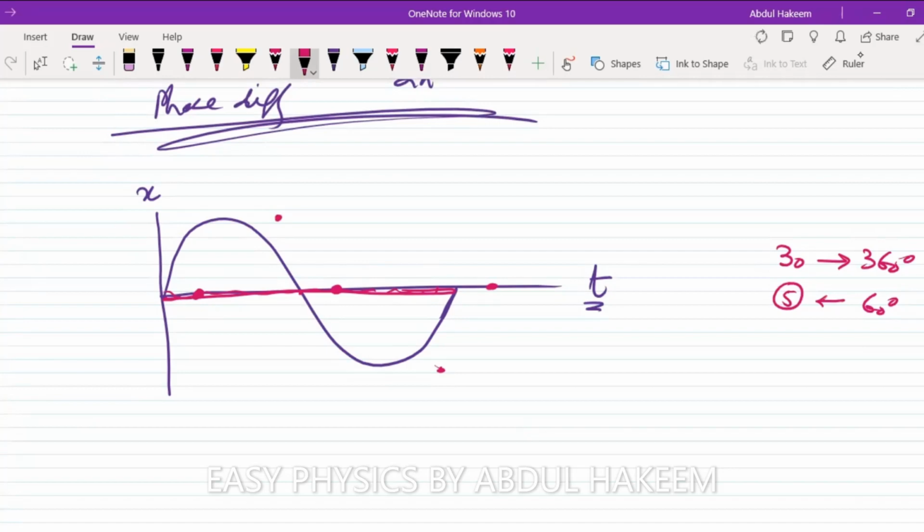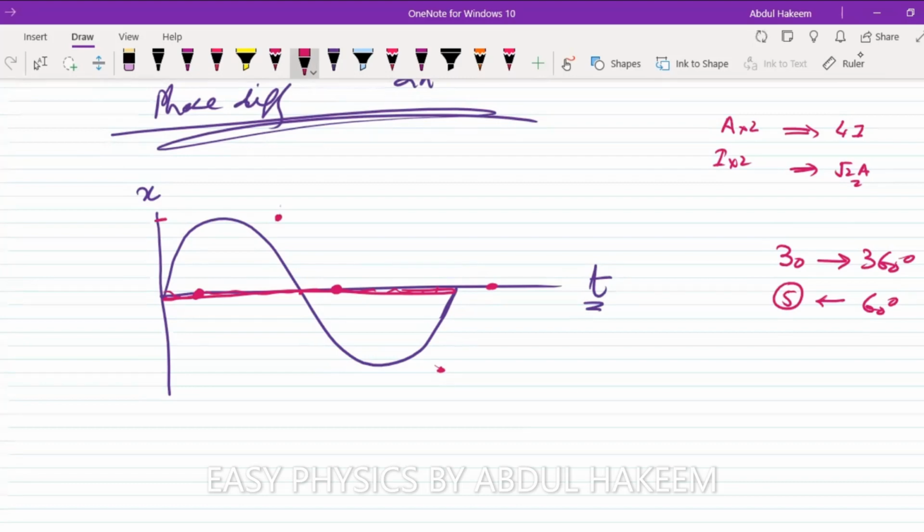Look, when amplitude becomes double, intensity becomes 4 times, because intensity is directly proportional to amplitude squared. But when intensity becomes double, amplitude increases by root 2 times. So suppose the wave is 10 boxes vertically. 10 multiplied by root 2 is approximately 14.